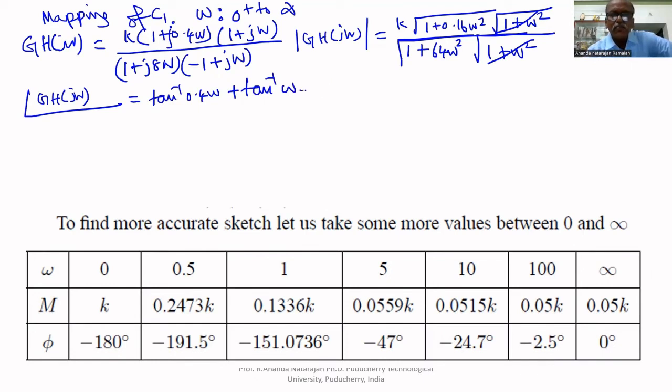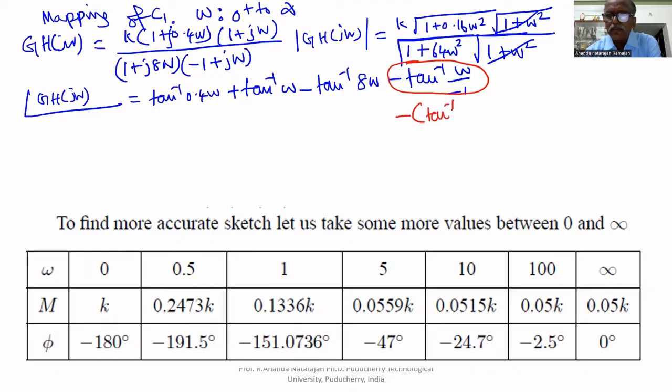For the denominator, you will get minus tan inverse of 8 omega minus tan inverse of omega by minus 1. The real part is minus 1, therefore this is in the second quadrant. That's why it can be written as minus tan inverse of 8 omega, minus 180 minus tan inverse of omega by 1.